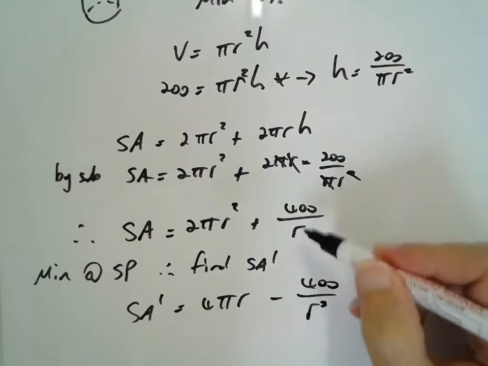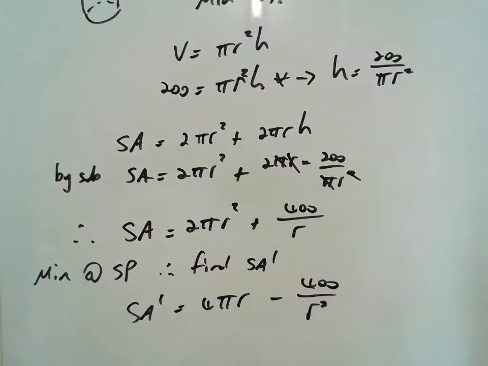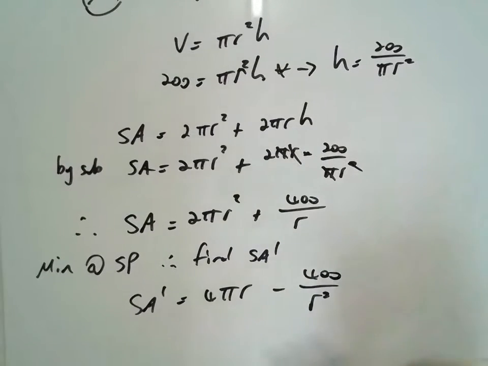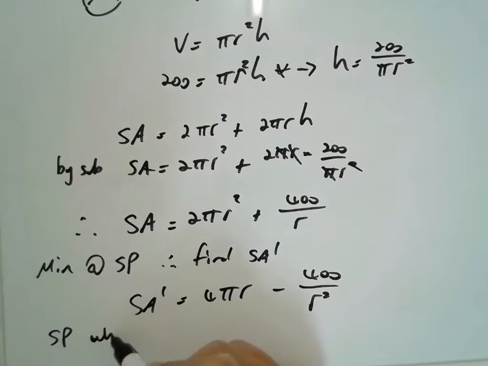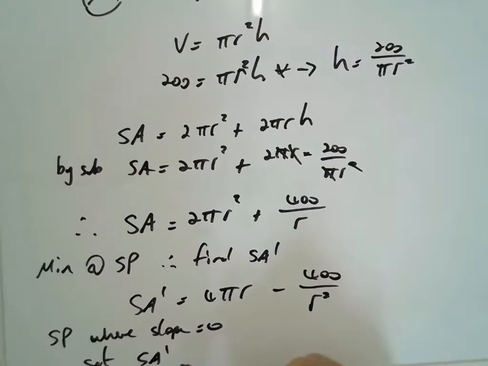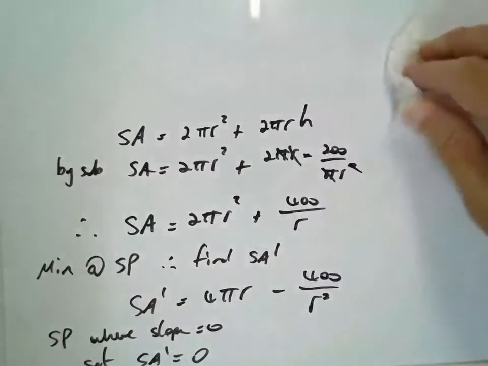You can just refresh your memory on that simple differentiation there. And now we're going to go stationary points, slope equals 0, set SA dash equal 0, and let's come back up the top.